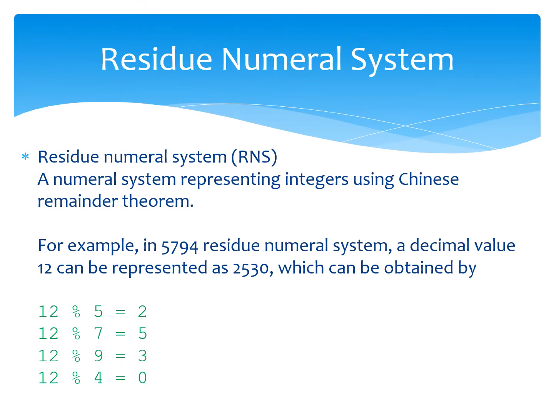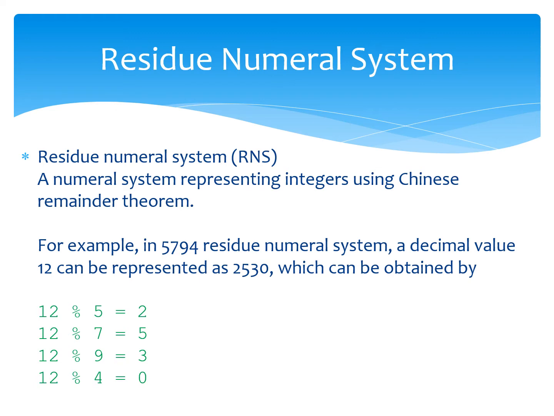A residue numeral system, RNS, is a numeral system representing integers using the Chinese remainder theorem. For example, in the 5794 residue numeral system, a decimal value 12 can be represented as 2530, which can be obtained by dividing 12 by 5, and the remainder is 2.